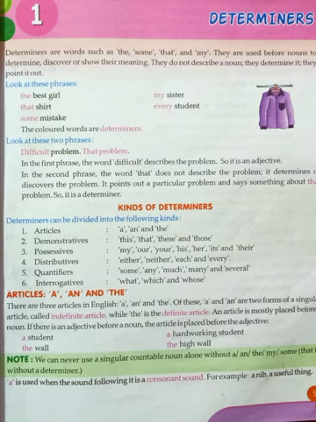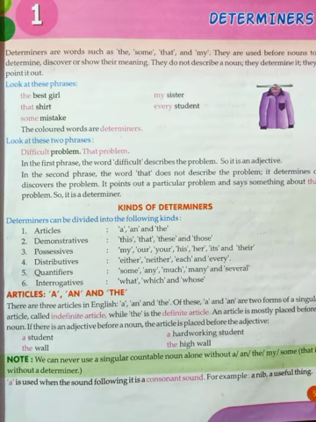So the word that becomes a determiner. I hope you're getting what I am saying. In the first phrase, difficult problem, it is just an adjective, and in the second phrase, that problem, it is pointing towards the problem. So the word that is a determiner.